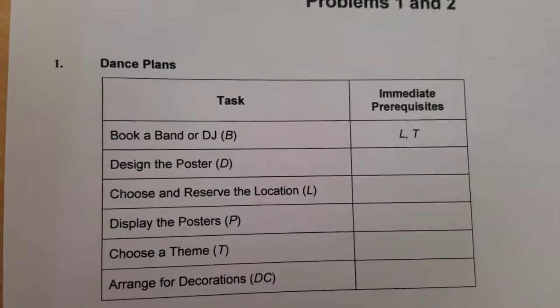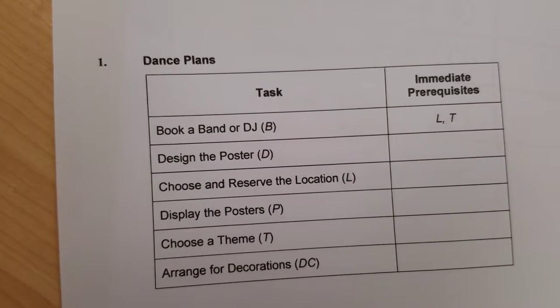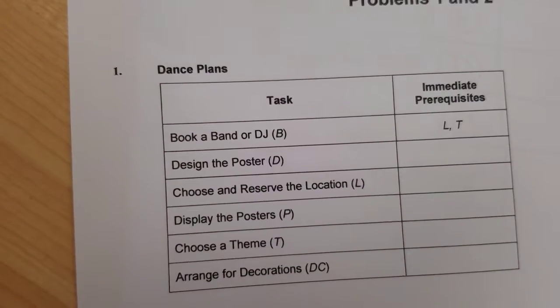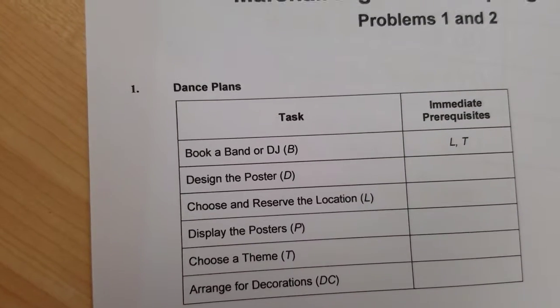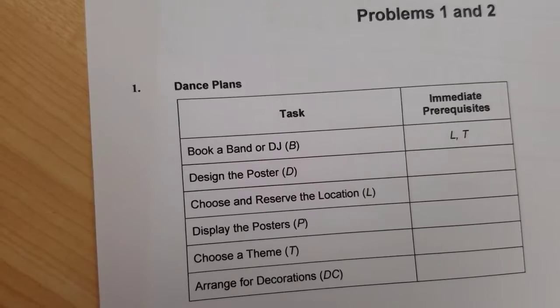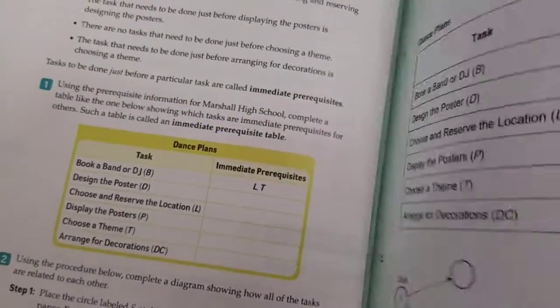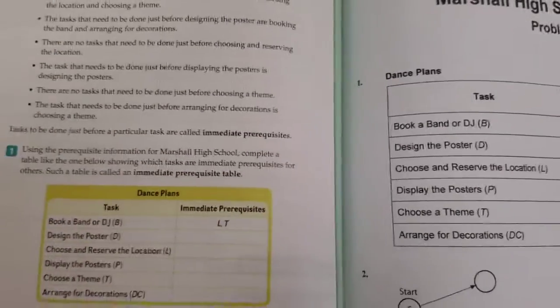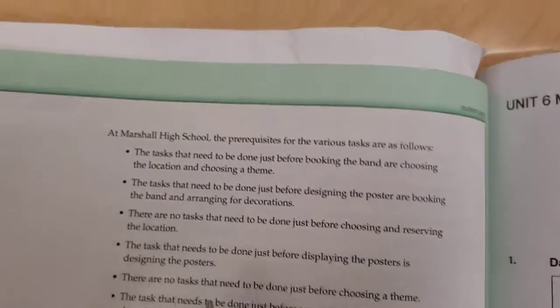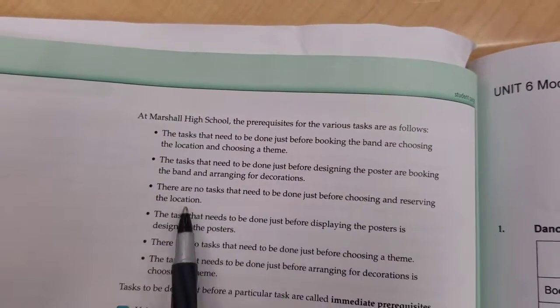So we talked about the fact that there are a couple of tasks that have no prerequisites. There are no tasks that need to be done just before choosing and reserving the location. So let me put my worksheet right here, and we can do this together. Here, there are no tasks to be done before choosing and reserving the location.